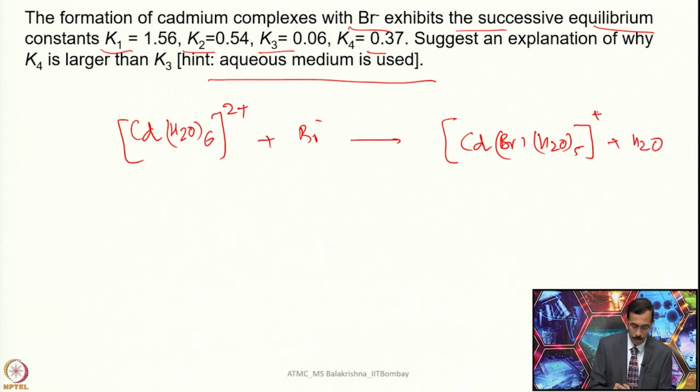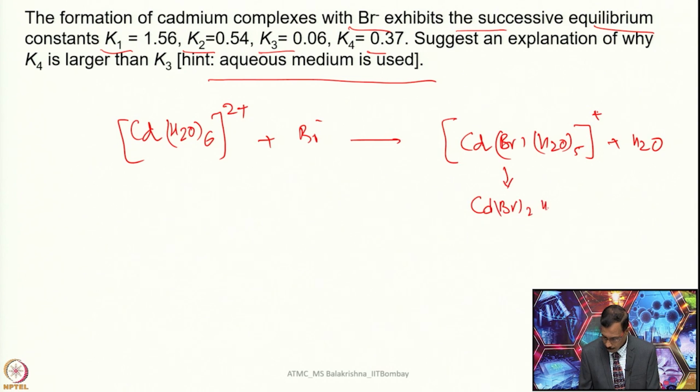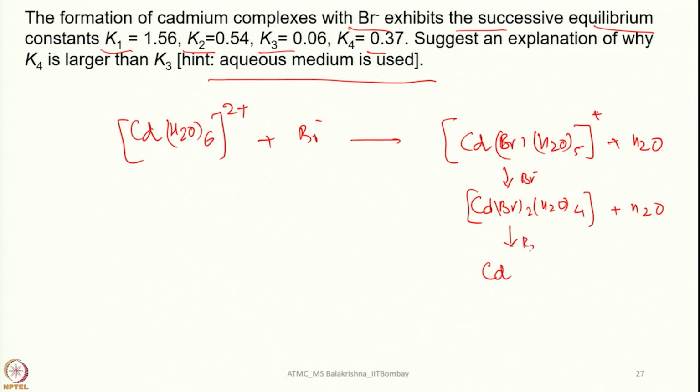Similarly, the next one will give another [CdBr2(H2O)4], plus H2O. Of course, Br is added. So next it will give one more Br added, [CdBr3(H2O)3]-, plus H2O.